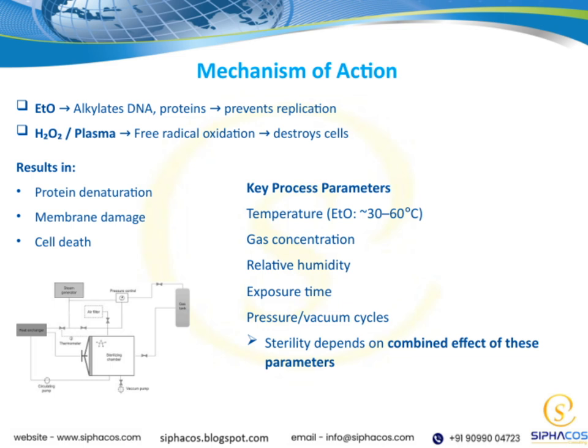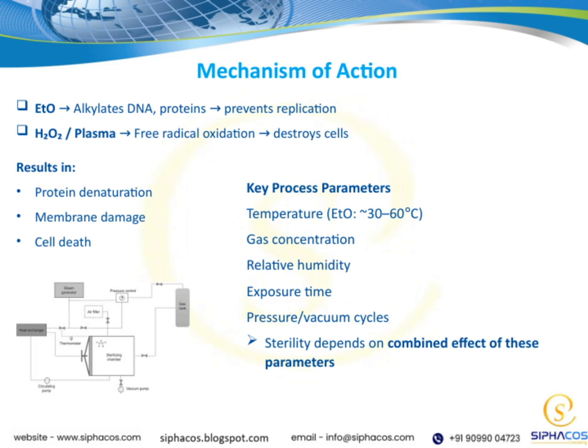Moving on to how these processes work at a molecular level, the mechanism of action differs depending on the sterilizing agent. For EtO, it alkylates DNA and proteins, which effectively prevents microorganisms from replicating. In the case of hydrogen peroxide or plasma sterilization, the process involves free radical oxidation, which destroys cellular components.